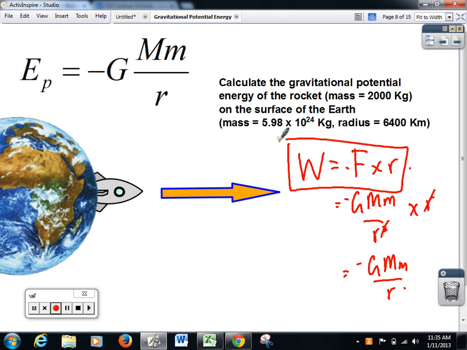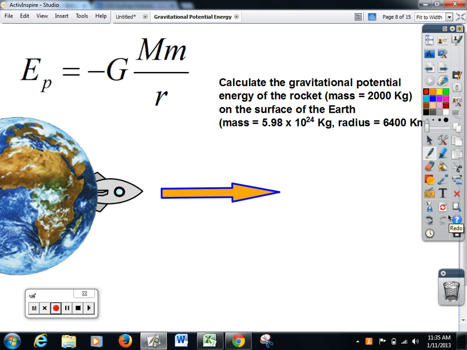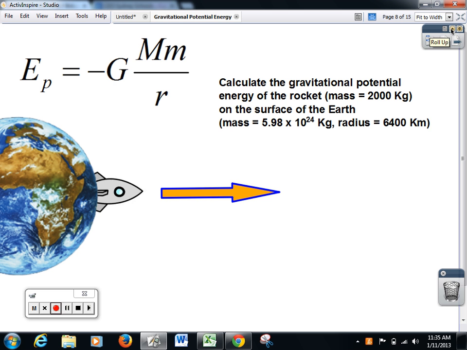Okay? So all we now need to do is apply it, and you can see that the gravitational potential energy is just dependent upon 2 things, or 3 things actually. The 2 masses, the mass of the planet, M, and the mass of the rocket or the object that's in the gravitational field.